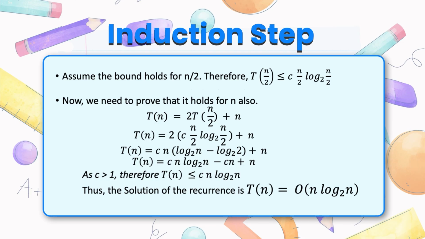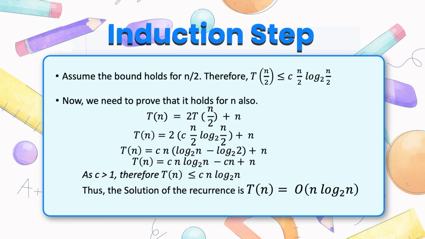Because from the Cn log 2n value, you are subtracting some value, based on any value of C, right? So this is why Tn is always going to be less than Cn log 2n as C is greater than 1. Thus, now we have proved it.